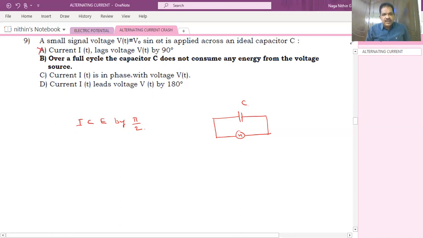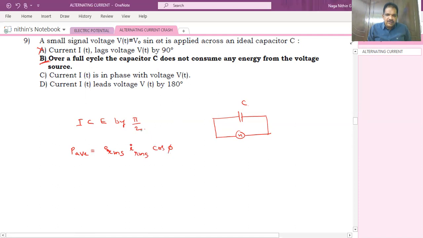Over a full cycle, the capacitor C does not consume any power from the voltage source. This will be the answer for it. Why this is the answer means, here P average is equal to ERMS IRMS cos phi.